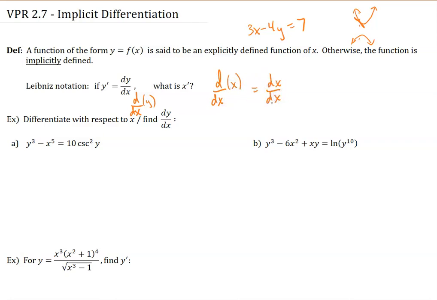When you look at this, you should see that it is the same thing on the top and bottom. And again, d and x do not represent variables. We don't have the variable d times the variable x. This dx by itself means the differential of x, but still you can see that we have the same thing on the top and bottom, and something divided by itself is equal to 1.